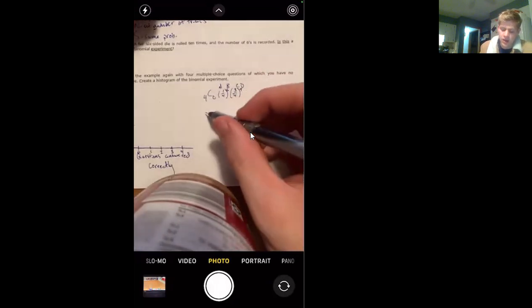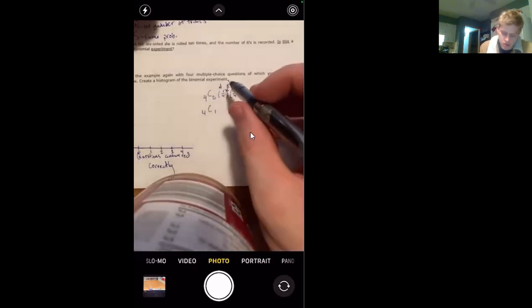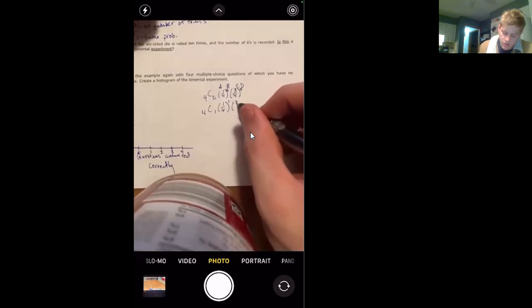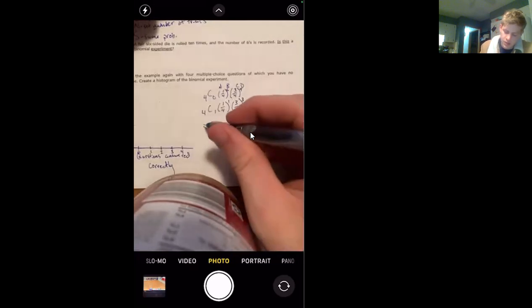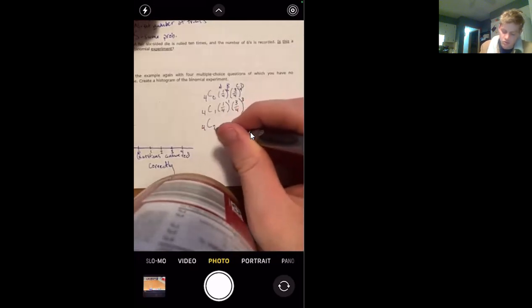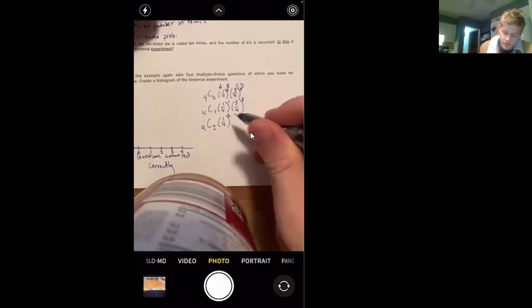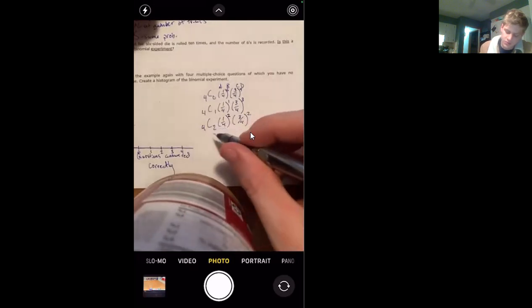And we would go ahead and enter that in our calculator. I'll do this one at the end. So then the next one we're going to look at is 4 choose 1. We get 1 out of 4 to the 1, 3 out of 4 to the 3. Next up, 4 choose 2. So the probability of getting 2 correct here: 1 out of 4 to the 2, 3 out of 4 to the 2.